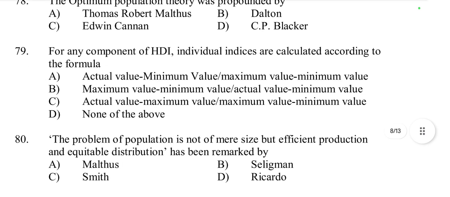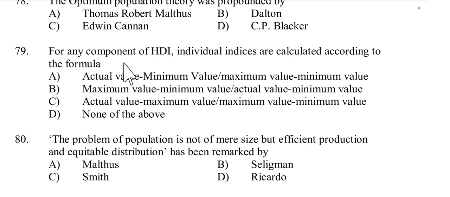In question number 79, for any component of HDI, individual indices are calculated according to the formula: actual value minus minimum value by maximum value minus minimum value, or maximum by minimum, or actual minus maximum by maximum minus minimum, or none of these.